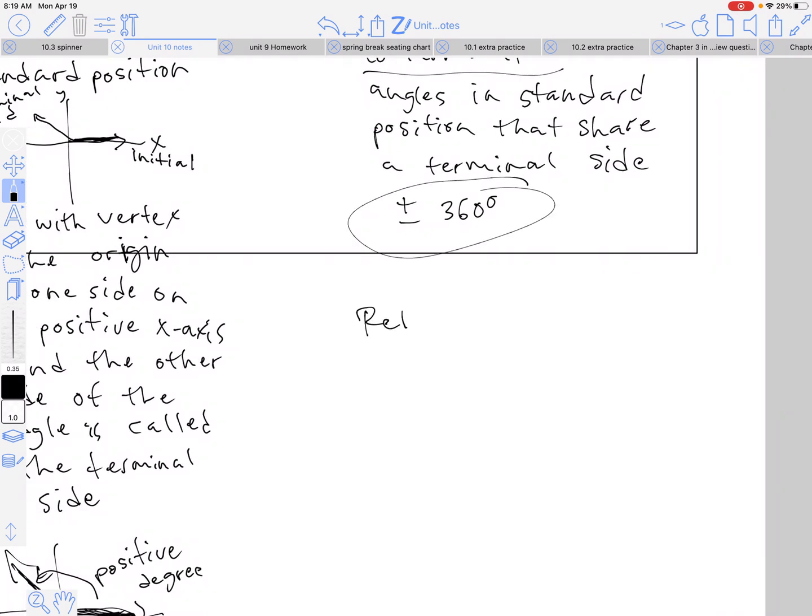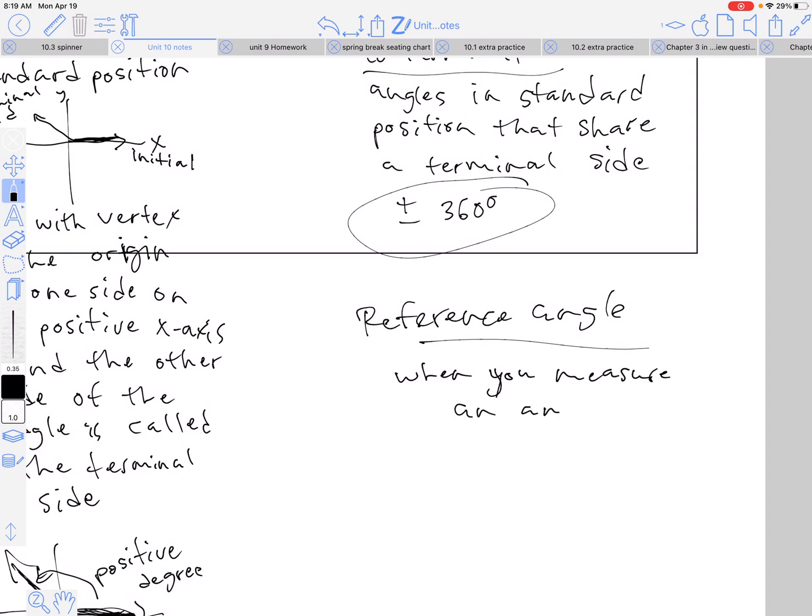And the last thing we talked about, well, not exactly, but we also talked about a reference angle. Okay, and that's when you measure an angle from the terminal side to the x-axis.